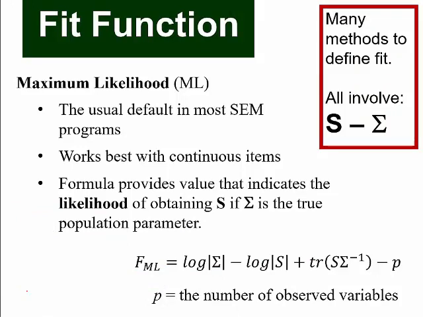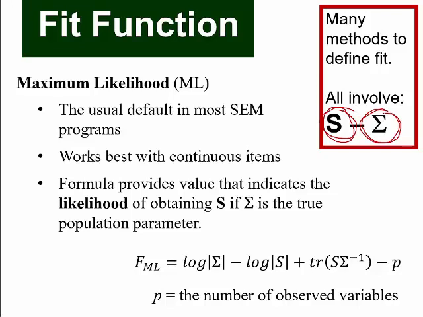So probably the most widely used fit function, or estimator, is maximum likelihood. Maximum likelihood is a type of fit function. It is an estimator. It gives us an equation that we can use to evaluate the size of difference between S and sigma, our sample variance-covariance matrix and the reconstructed variance-covariance matrix.